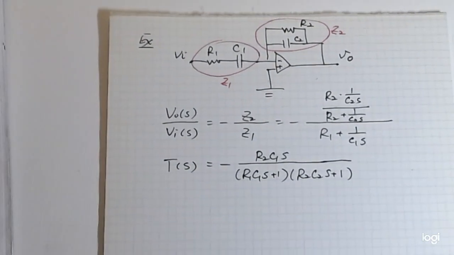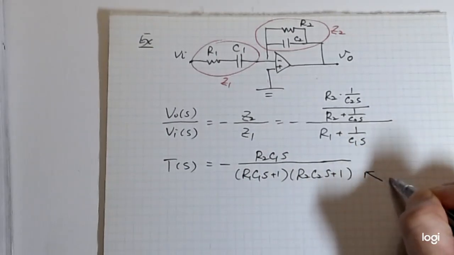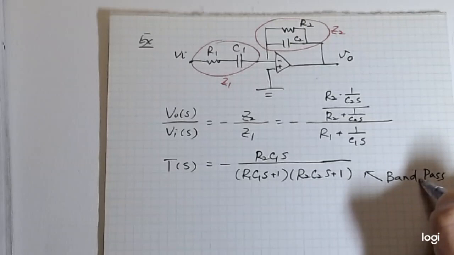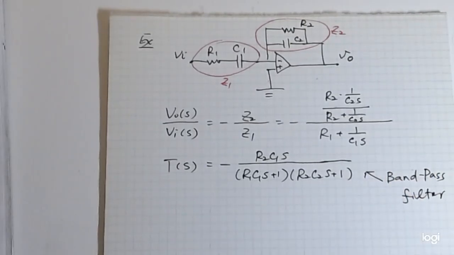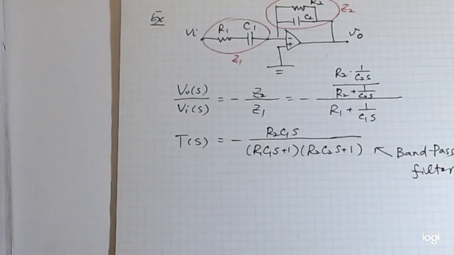And if you already had the filter lab, this is actually the bandpass filter. The purpose of this circuit is as a bandpass filter, but we'll talk about that later, more when we deal with exactly bandpass filters.